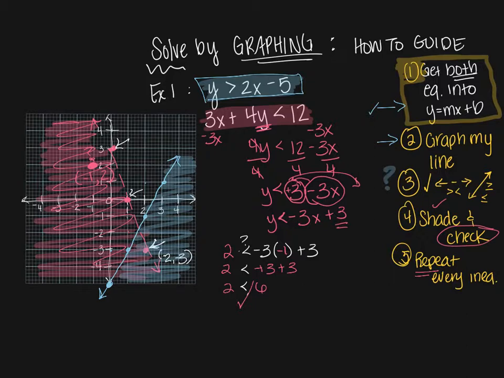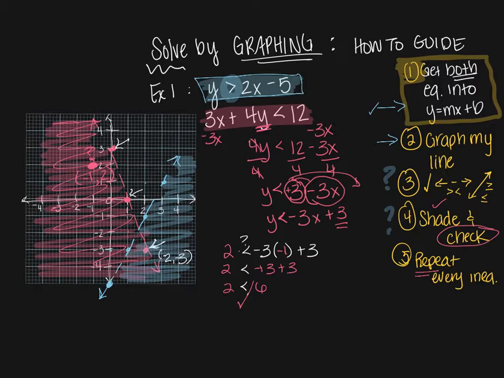Well, before I can even check my shading, let's check my line and see if it should be dotted or solid. There's no equals up here. It's just greater than. So I need to take my eraser again and go back and create some nice little dashes. All right, I've got a dash line. We're good. Let's go back and let's check and see if I shaded in the right direction.